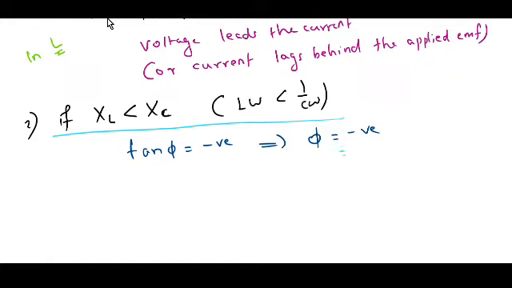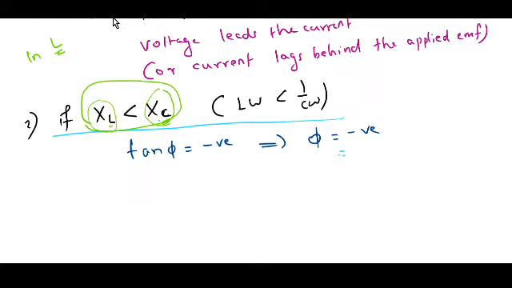Phi is negative means which one is leading or lagging in the LCR circuit? That is clear if you look back to this condition. If XL is less than XC, the greater quantity is XC, the smaller quantity is XL. Greater quantity XC means the case of the capacitor circuit, where the voltage lags behind the current, or the current leads the voltage.